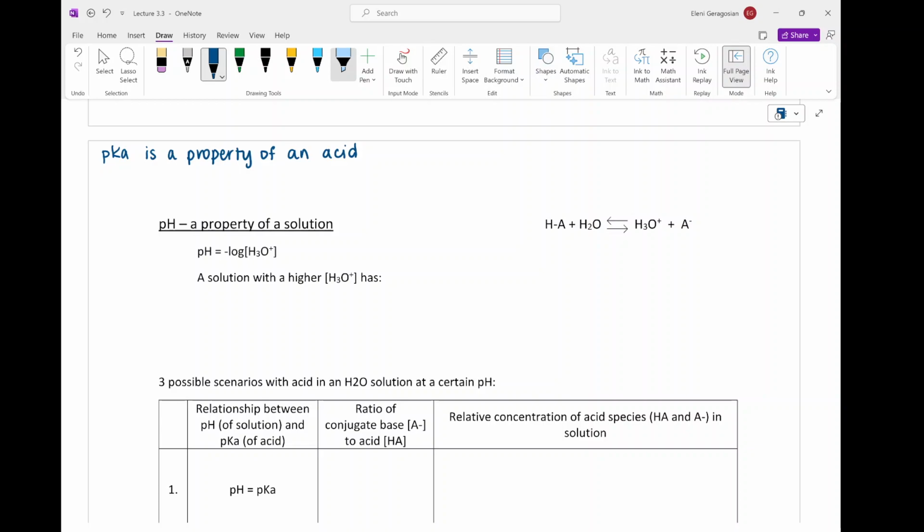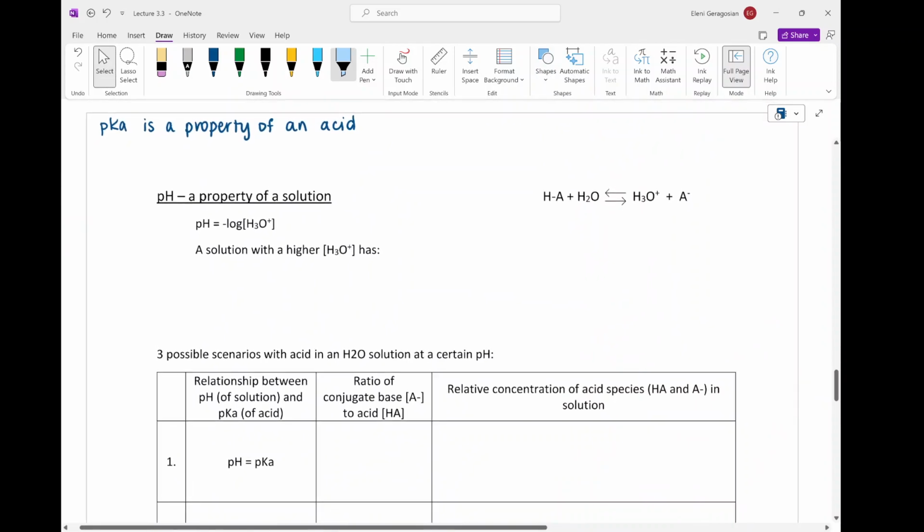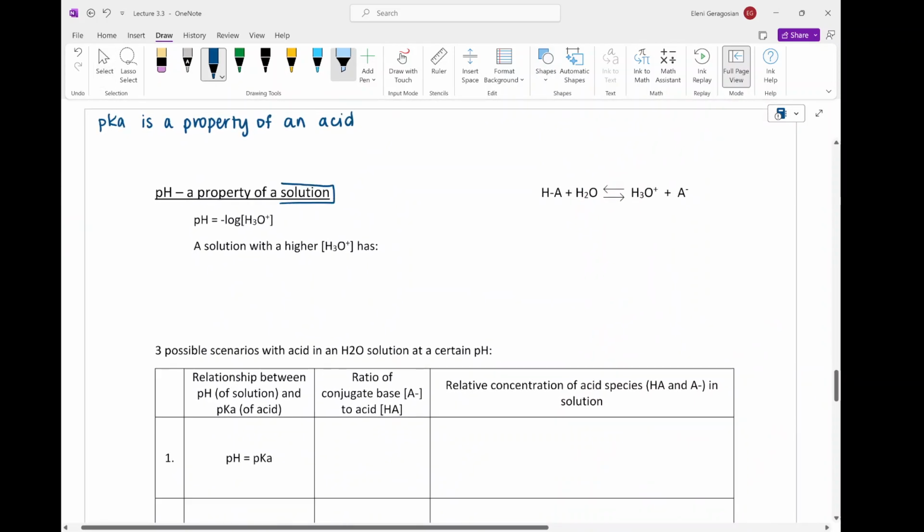Okay, so pH, we calculate it in a similar way as pKa, but pKa is a property of an acid, pH is a property of a solution. So we're not talking about necessarily a specific acid, just a solution.